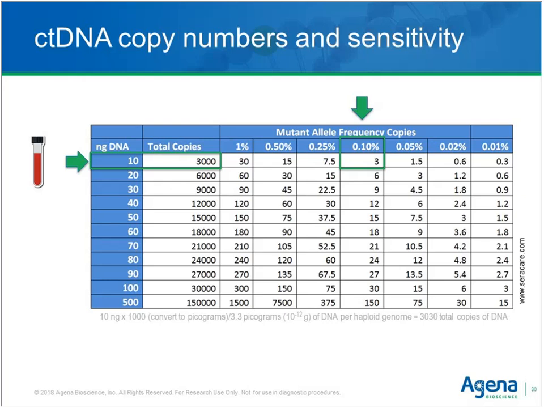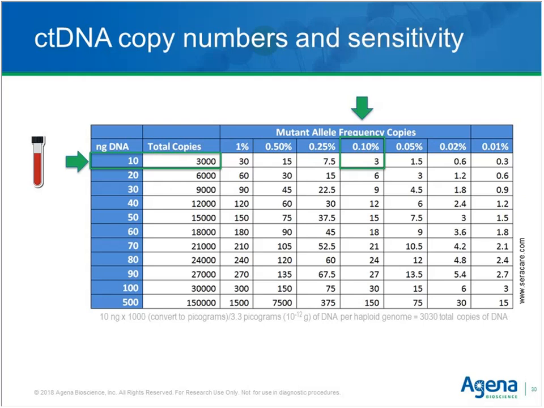Luckily, these 3,000 copies equal roughly 10 nanograms of DNA, and that is what you can typically achieve from a single blood draw. That is a realistic amount and typically achievable in a clinical situation.